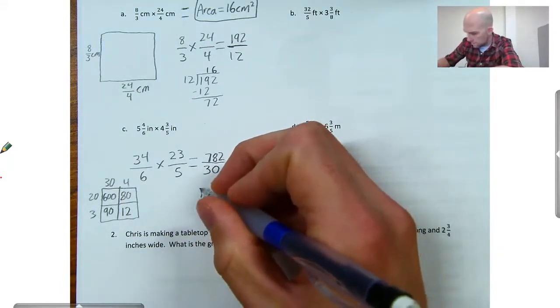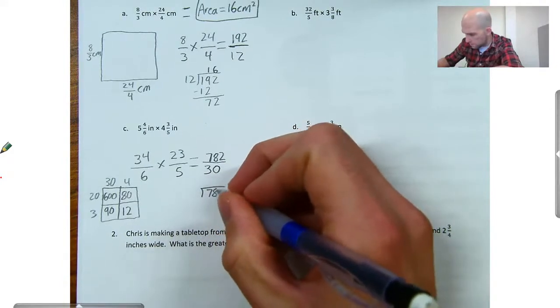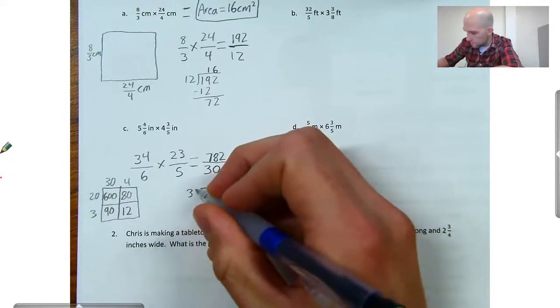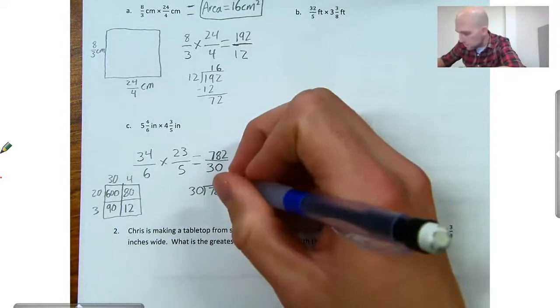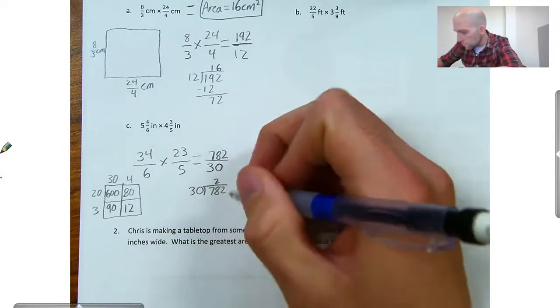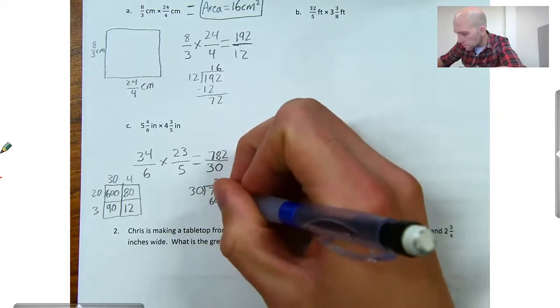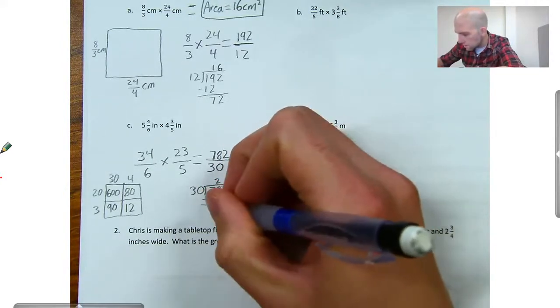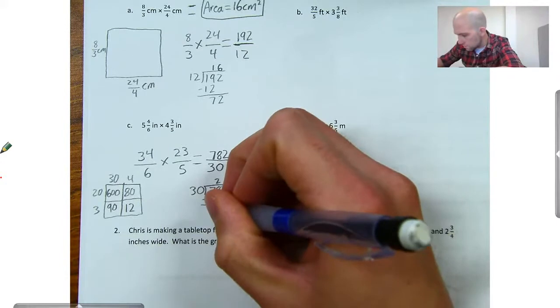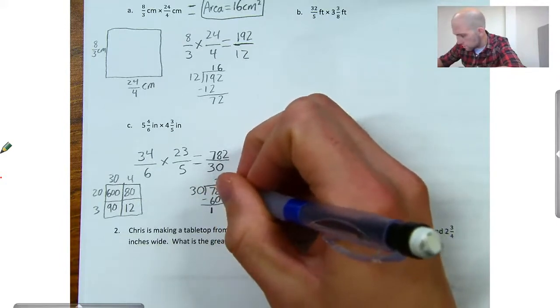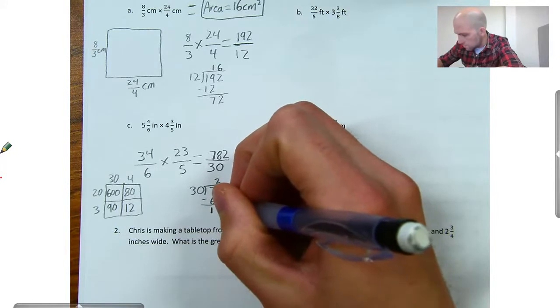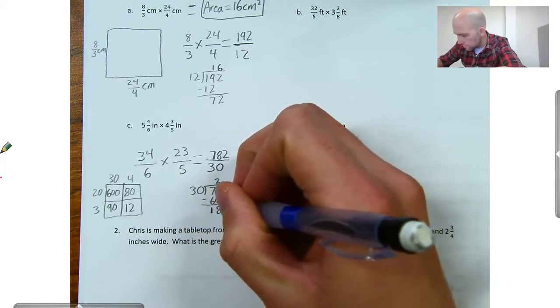We have 782 divided by 30. 30 will go into 78 2 times. That's 60. We'll bring down the 2, so 182.